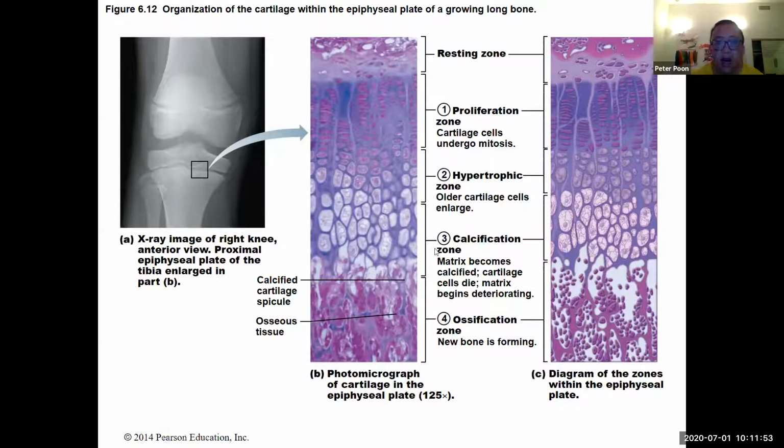The calcification zone: the cartilage becomes calcified, and that actually kills the cells. So now the cartilage is dying, but you still have the remnant of the cartilage which you use to form bone.